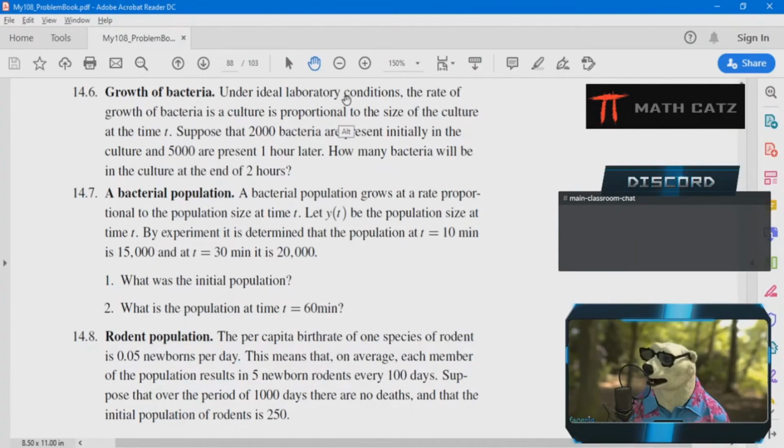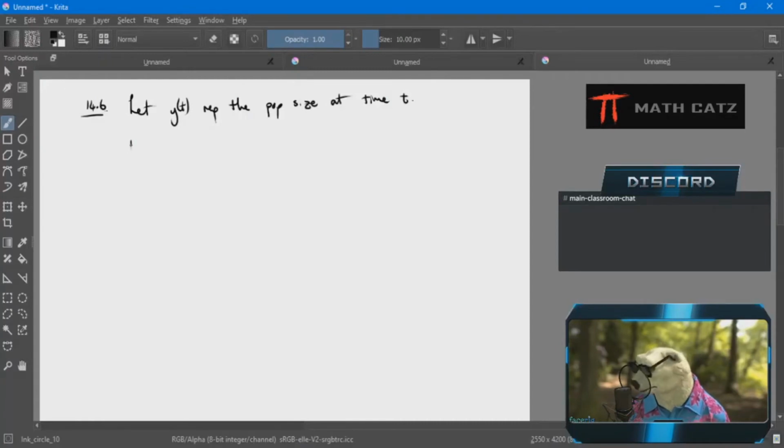Now let's see their words here. Under ideal laboratory conditions, the rate of growth of bacteria in a culture is proportional to the size of the culture at that time. I have that proportionality property, and that allows me to say that the rate of change of the population size is some constant times the population size. And initially, I might have an amount.